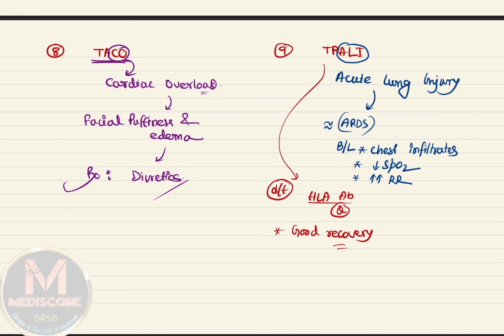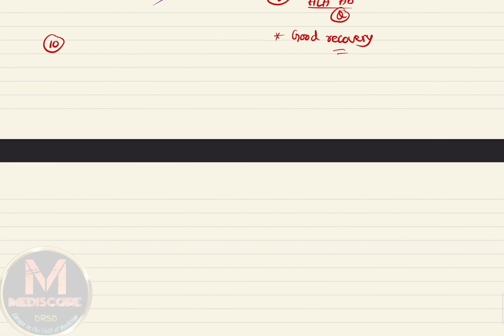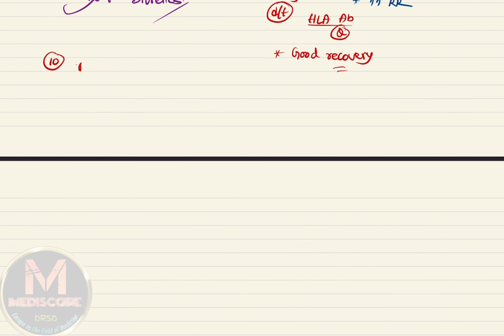Guys, the next and deadliest complication is coagulopathy. Please do remember, it is the most common cause of death following massive blood transfusion. And there is a triad that sets in a case of trauma: coagulopathy, hypothermia, and acidosis.